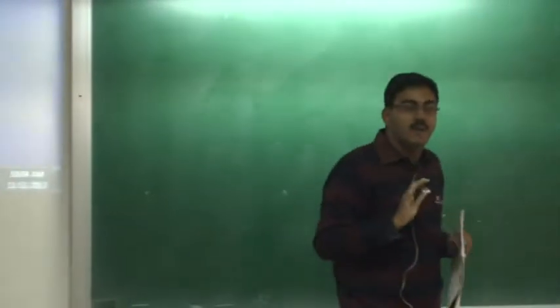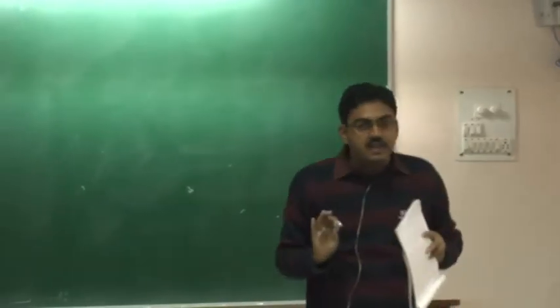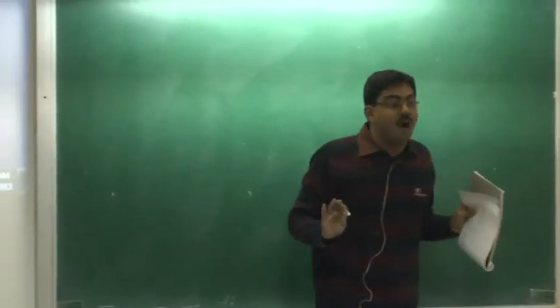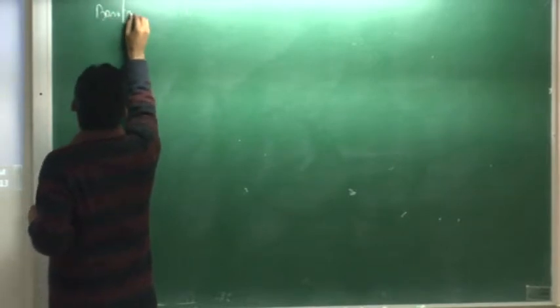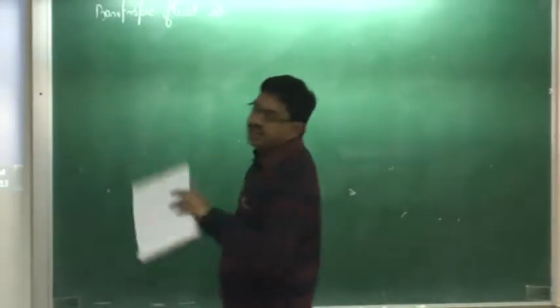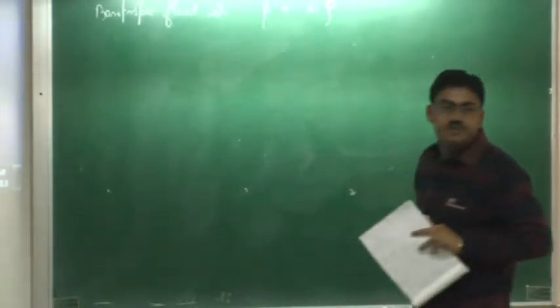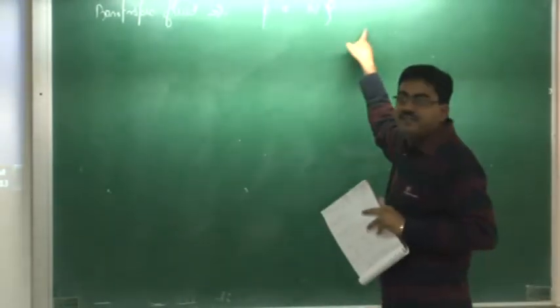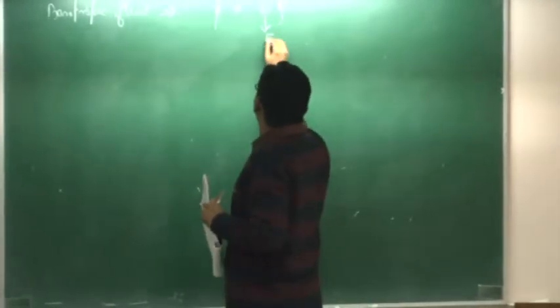First of all, you consider a barotropic fluid. What do I mean by barotropic fluid? Barotropic fluid means pressure is a function of density only. If you consider a barotropic fluid, which fortunately our cosmic species are, then you can readily write down the relation between pressure and density like this: p is a function of rho, and I write down the functional form like this, where this is called the equation of state.